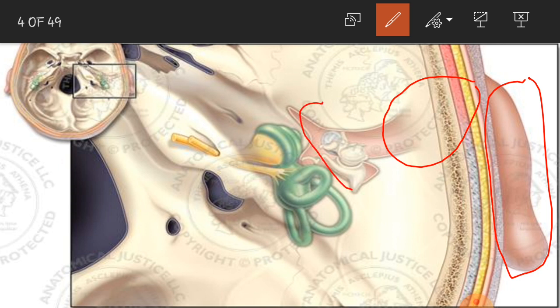Then this is the tympanic cavity, superior view, in which the auditory ossicles are seen, while this, buried deep in the petrous temporal bone, is the internal ear labyrinth. This is the internal acoustic meatus.